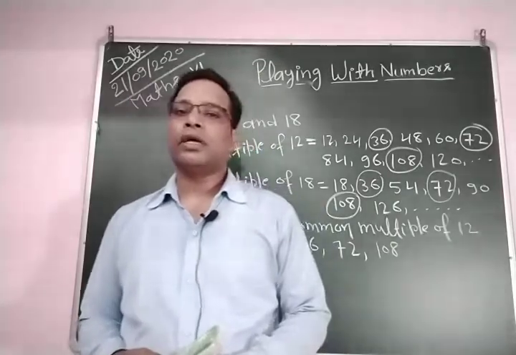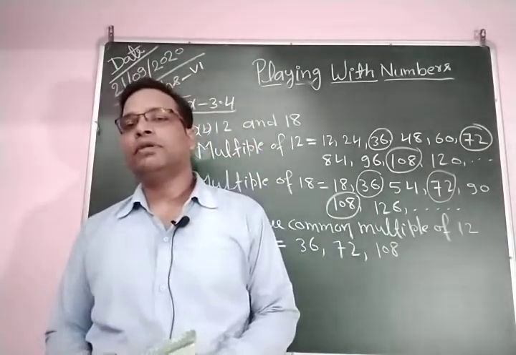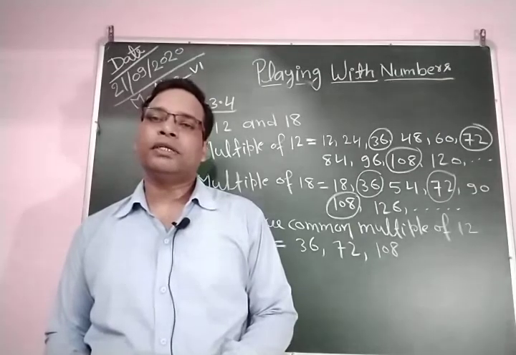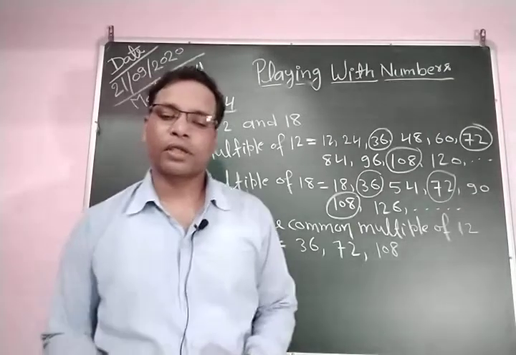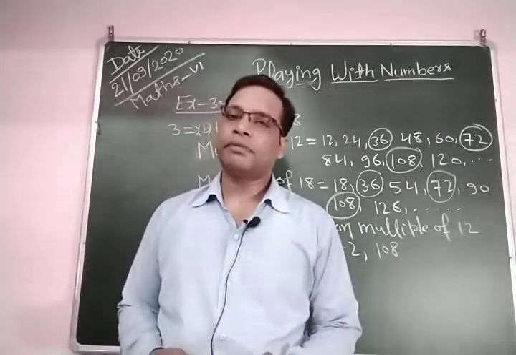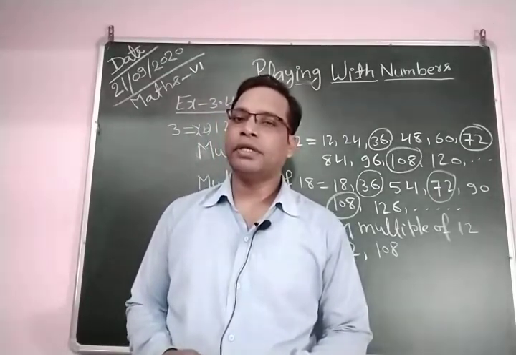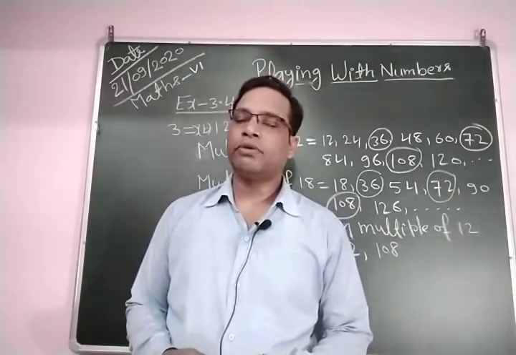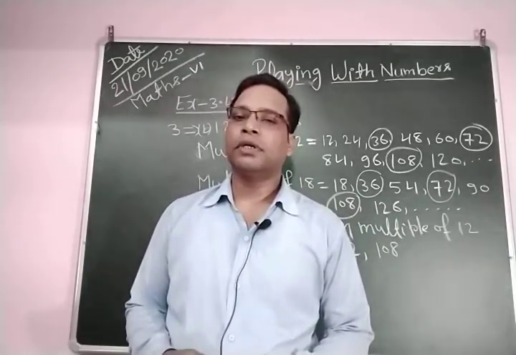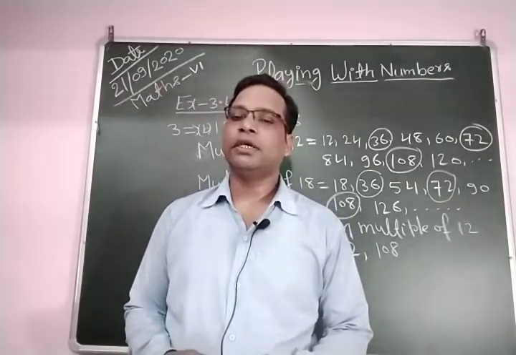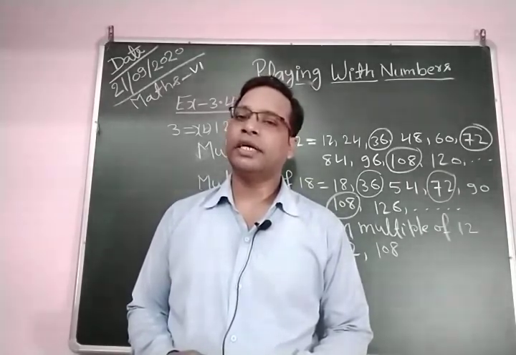Okay, I hope all of you know how to find LCM. So LCM of 3 and 4 is 12. So the common multiples of 3 and 4 less than 100 are the multiples of 12: 12, 24, 36, 48, 60, 72, 84 and 96.